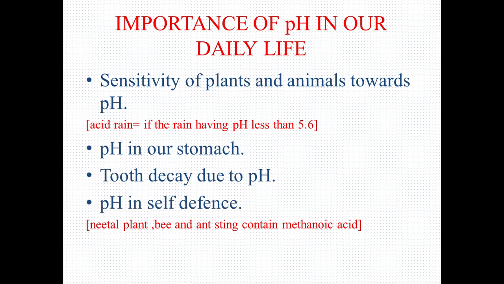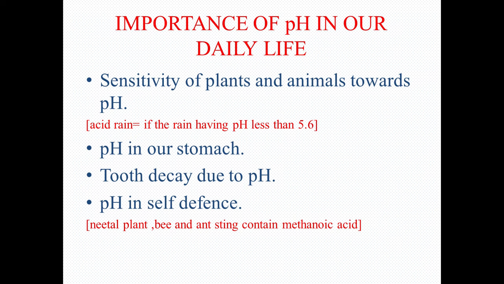You know about acid rain. The rain which has a pH less than 5.6 is stated to be acidic. Acid rain has a very harmful impact on plant growth because it increases the acidic character of the soil and may result in poor crop yield.